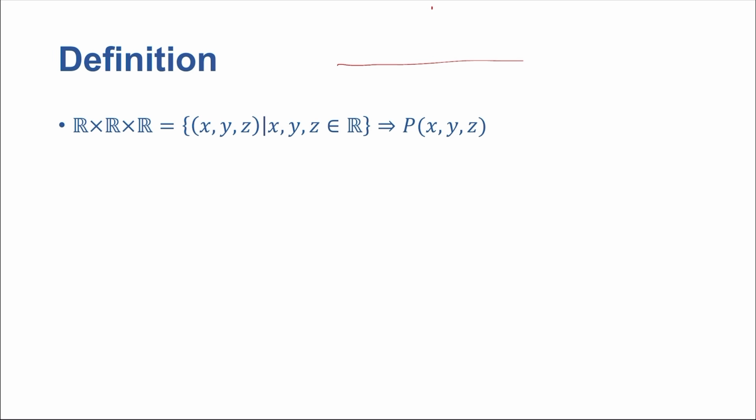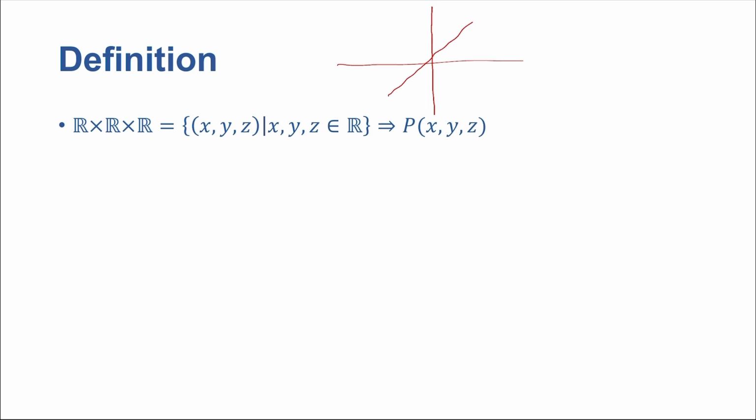Now we've got the real numbers squared, R2. This gives us an xy plane, and then we add R3, which gives us depth, and that gives us space. This Cartesian product can be defined as an ordered triple (x, y, z) such that x, y, and z are in the real numbers.